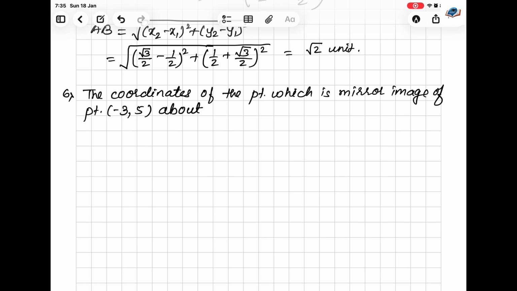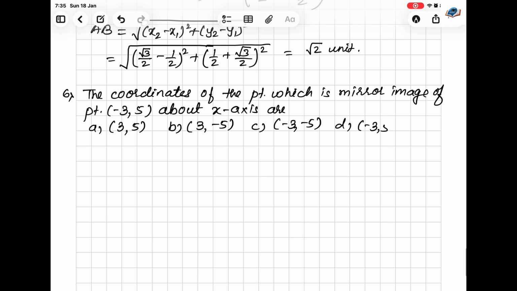That means I have kept the mirror at x-axis. The options are A (3, 5), B (3, minus 5), C (minus 3, minus 5), and D (minus 3, 5).